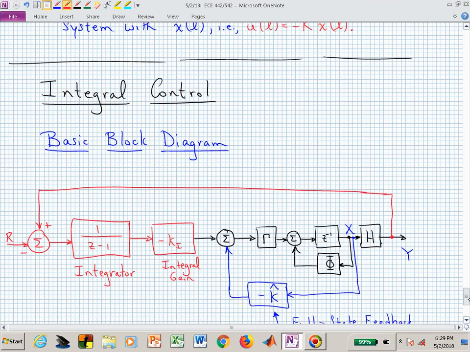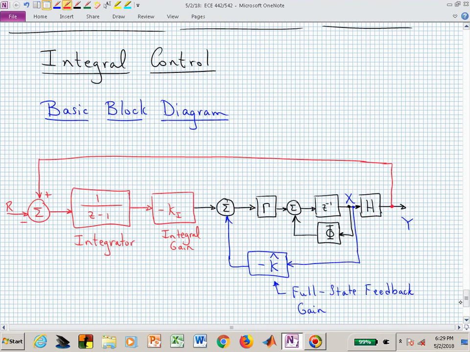All right, so let's now look at this integral control as sort of a review for the final, in a way. Here we are just incorporating an integrator into the controlled system.